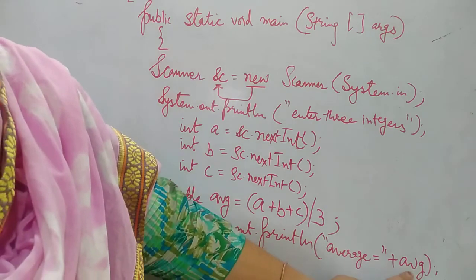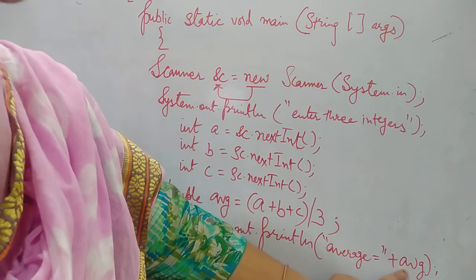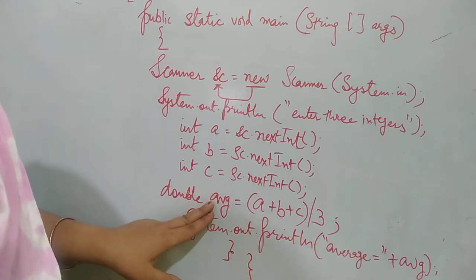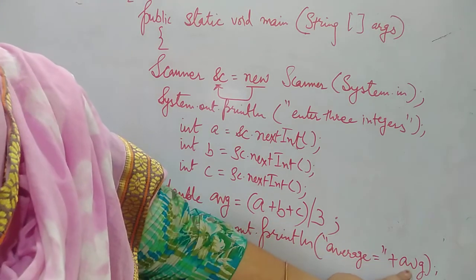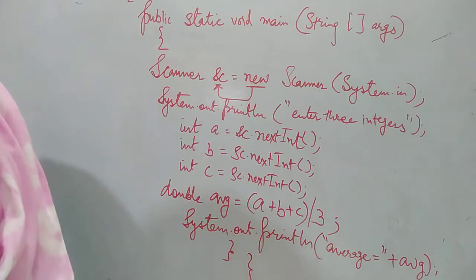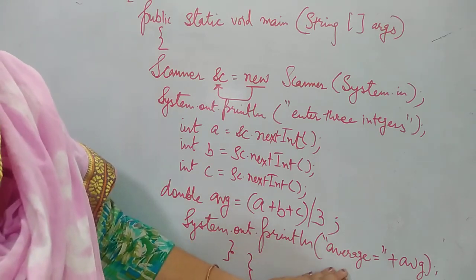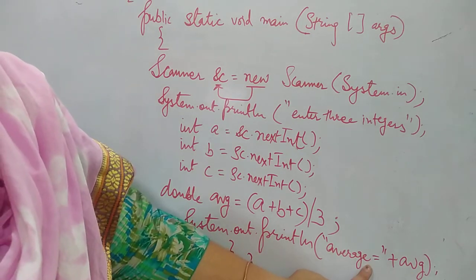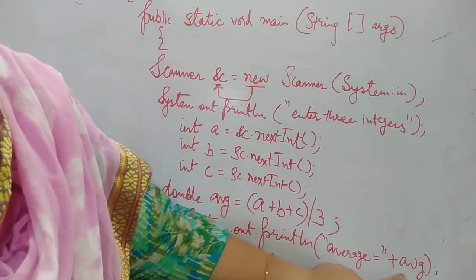That is why we are getting the value here. What will be the value? The result stored in this variable will be printed there, because in the System.out.println statement we have written average is equal to plus avg. Average is equal to will be printed as it is, plus the average.